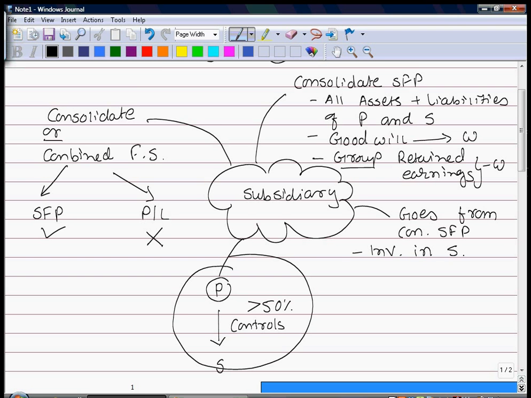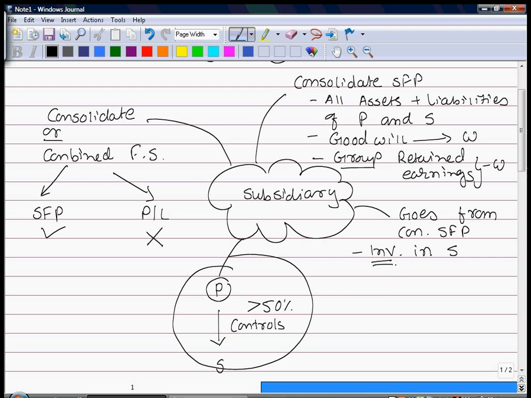After acquisition, in consolidation, you are receiving assets, net assets from the subsidiary in return for the investment, in return for the money you have paid to the subsidiary. The investment is the money you have invested in the subsidiary. Now that is going to be replaced by the net assets you are receiving from the subsidiary.